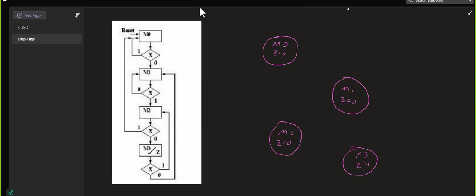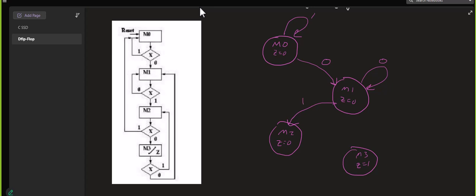Now from state M0, if X is 1, I go back, and if X is 0, I go to M1. From state M1, if X is 0, I go back, and if X is 1, I go to M2.